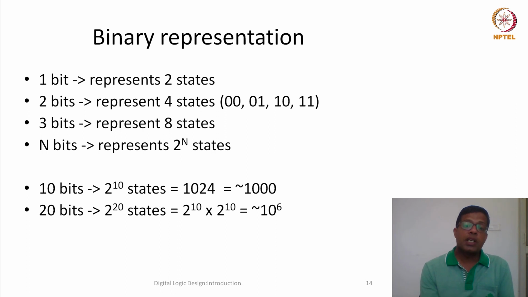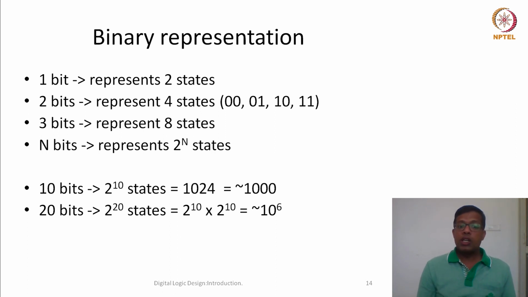Although the number would be 1024 into 1024, for the sake of simplicity I can say that the number is approximately equal to 10 to the power 6, 1000 cross 1000. When I am saying 1000 or 1024, this is in a decimal representation.